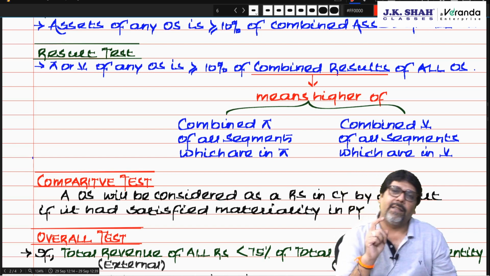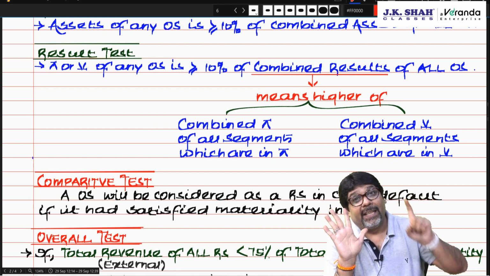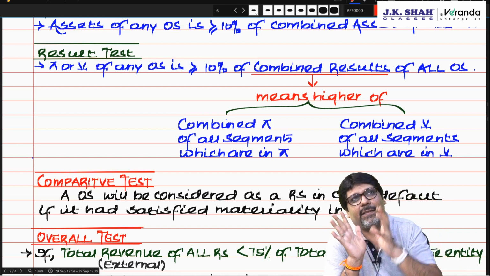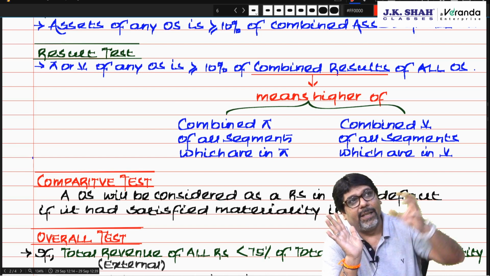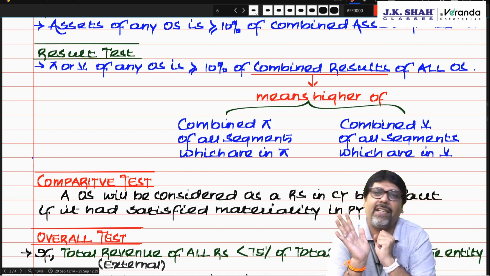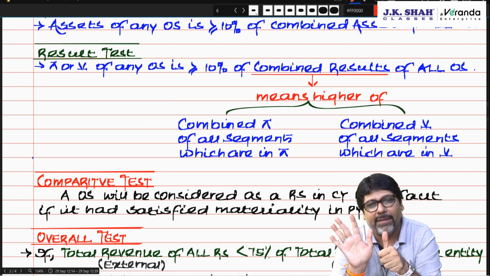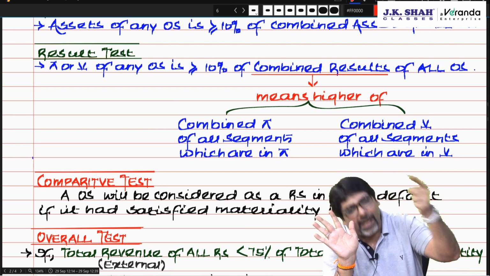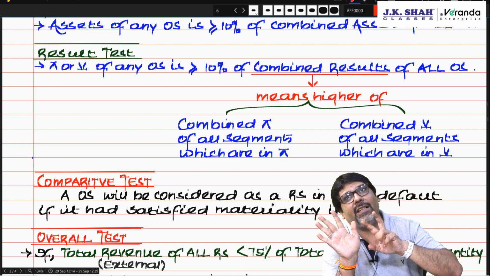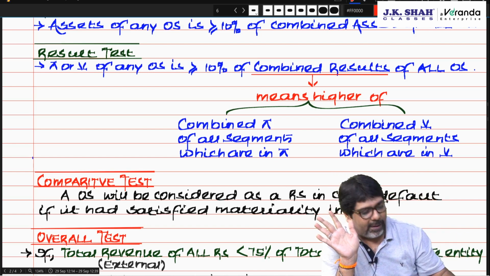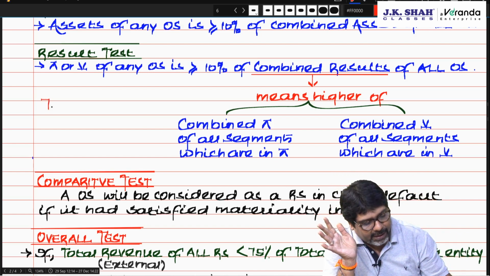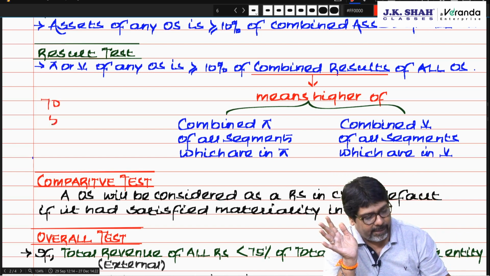Sir, suppose there are 5. The total of the 5 is 70%. Correct? You pick up the next highest. Next highest is 3% only. So even with 6 segments together, sir, it is 73%. Then again, now there is one with 1% only. So in the 70%, Chartered, there were how many? 5.